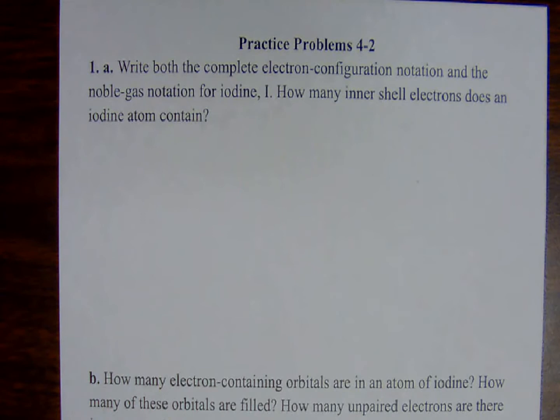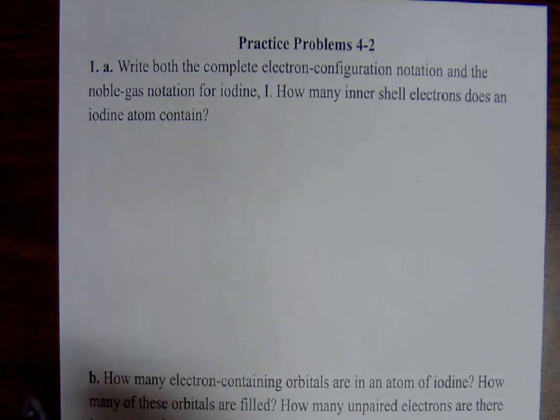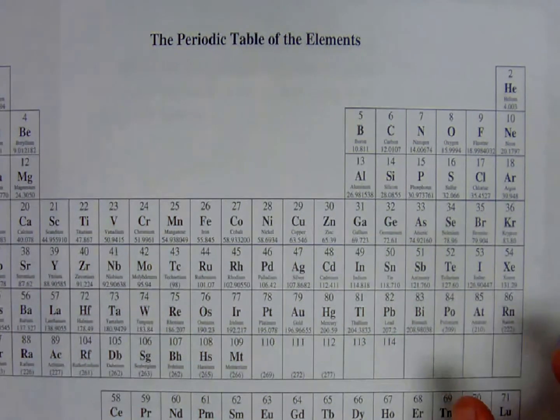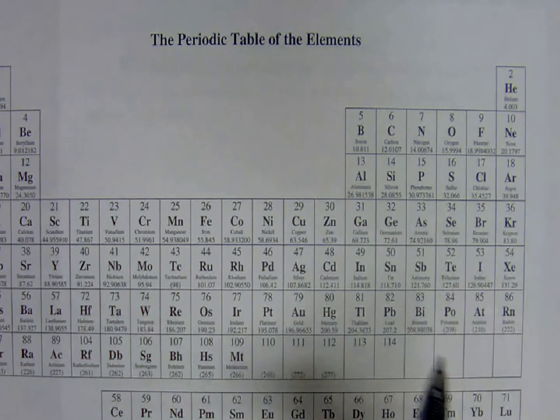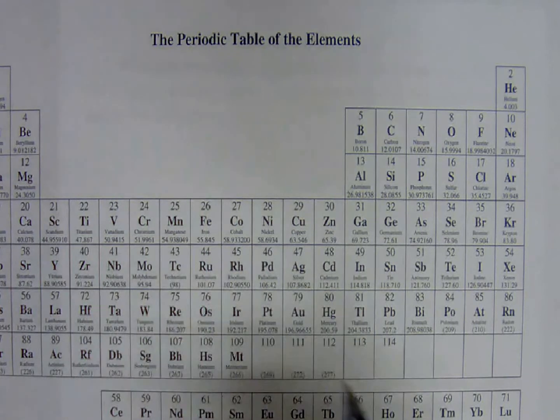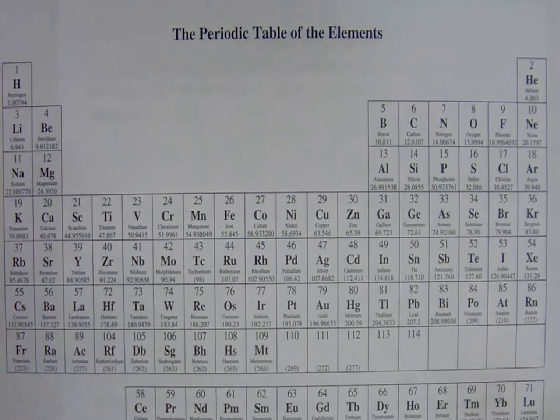So let's do it. One of the things you want to do when you're starting off with your configurations is simply follow along on the periodic table. That's the best hint that I can give you.